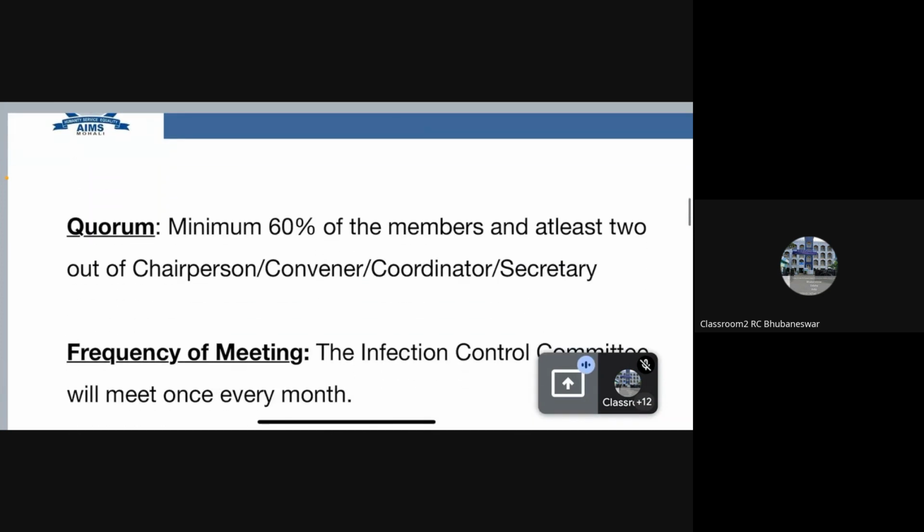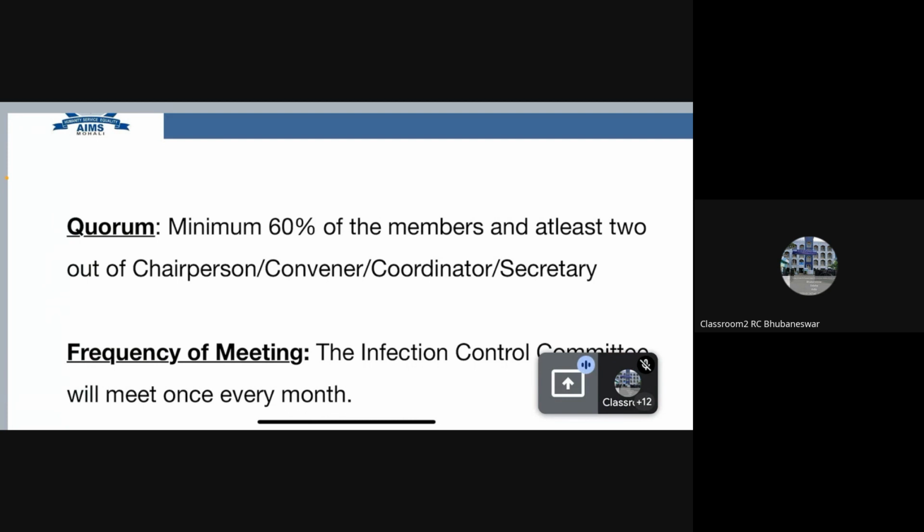As I showed in the first picture, the chairperson of this committee should be the head of the institute, which could be the director, principal, or the medical superintendent if it is a medical college. If it is a tertiary care hospital, then the senior medical officer (SMO) should be the chairperson.